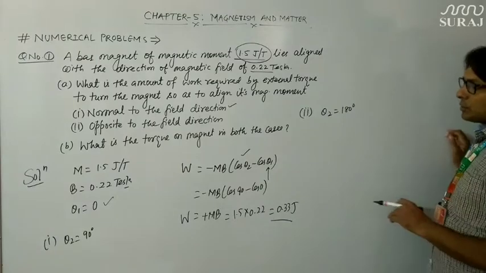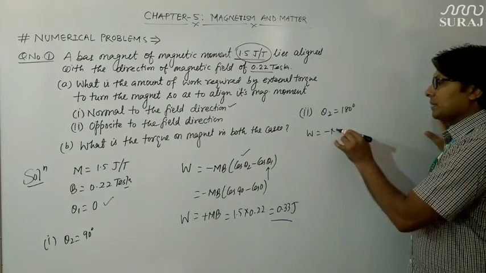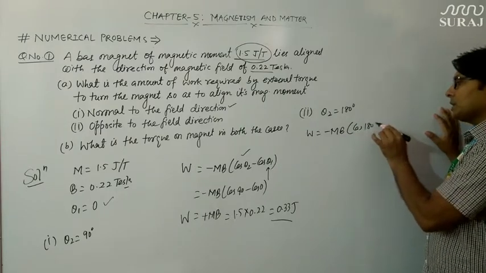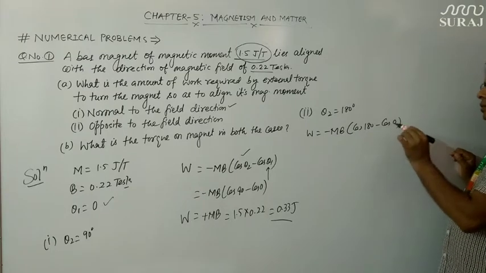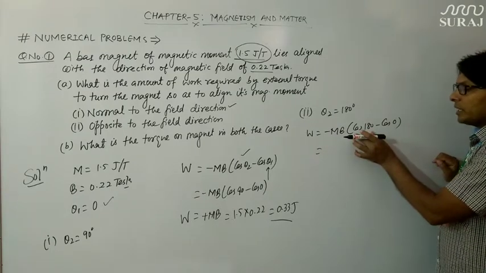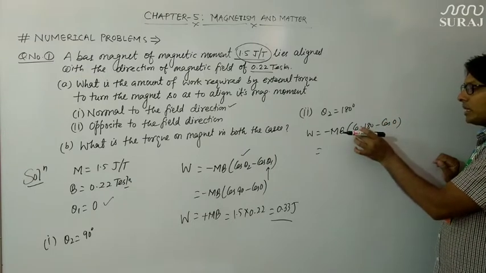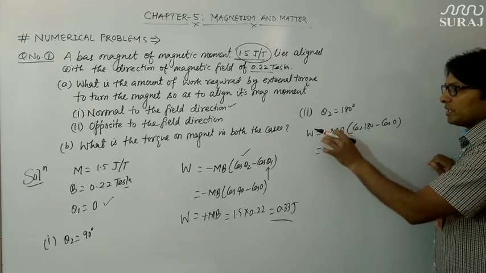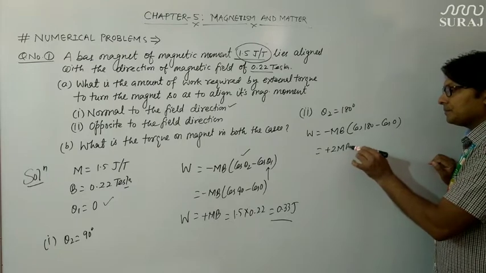So using the same formula, minus MB into cos 180 minus cos 0. Cos 180 is minus 1 and cos 0 is 1, so minus 1 minus 1 becomes minus 2, and minus 2 into minus 1 becomes plus 2. So this is 2MB.